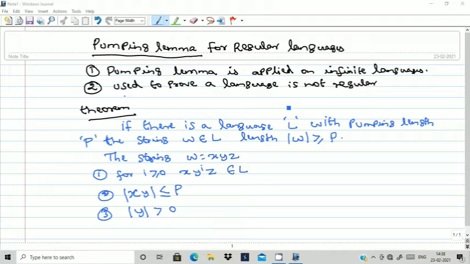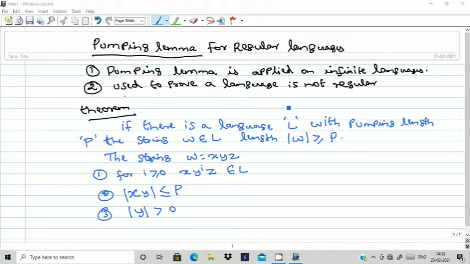If any one condition is not satisfied, then the string does not belong to a regular language. For i greater than or equal to 0, I can span from 0 to any value, I keep x and z fixed, and we vary only y. If we keep varying the y component, the concatenation of x, y and z should belong to the language. That is condition number 1.